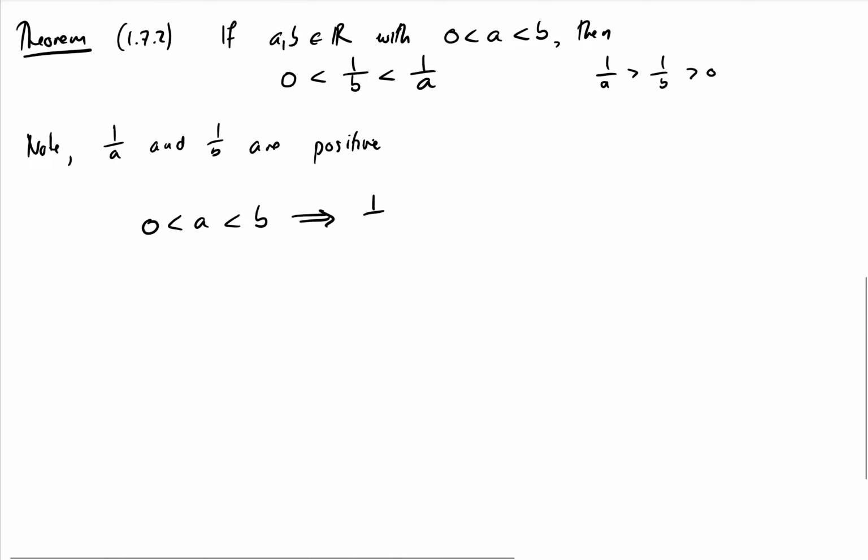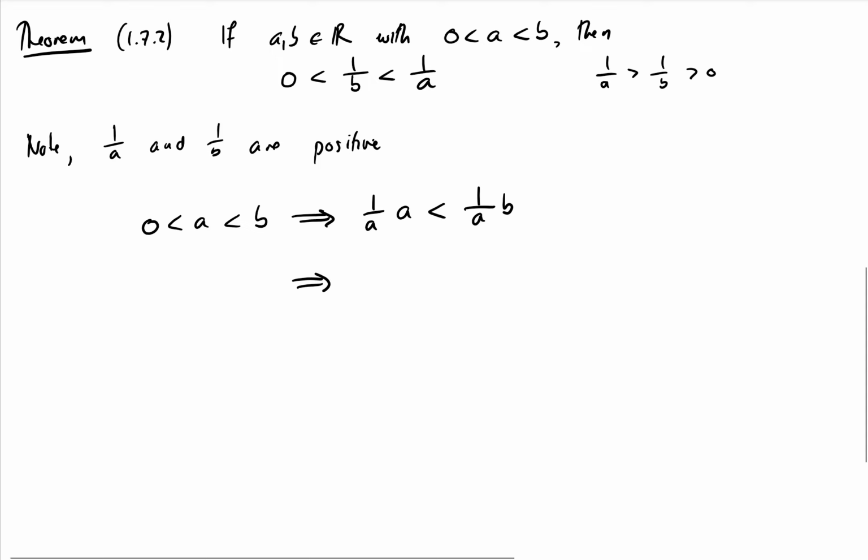So I'm allowed to multiply by a positive scalar. That's one of the parts of our previous theorem. This implies that 1 over A times A is less than 1 over A times B. Multiplying by a constant positive number doesn't change the direction of the inequality.